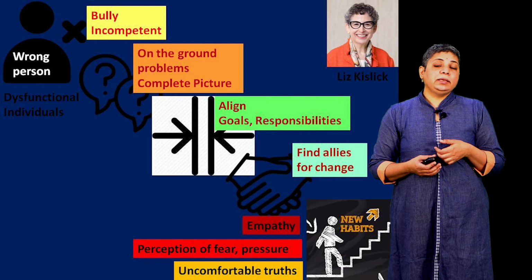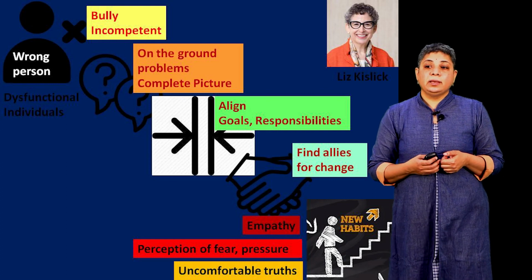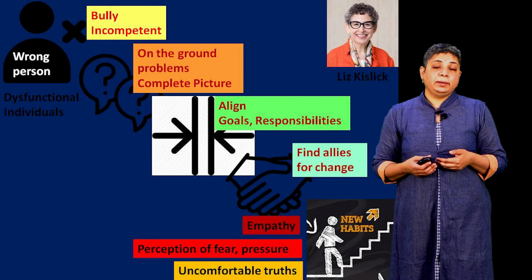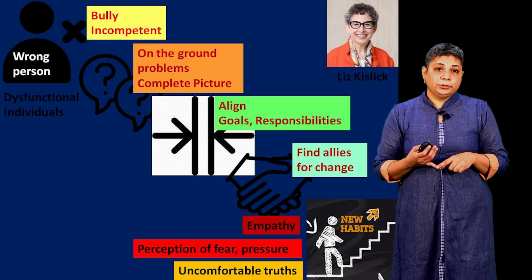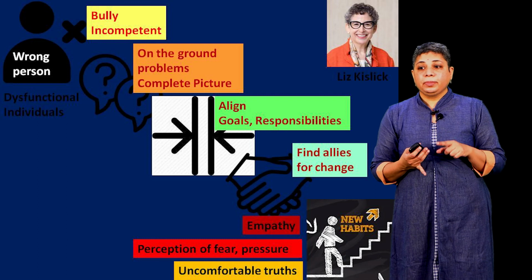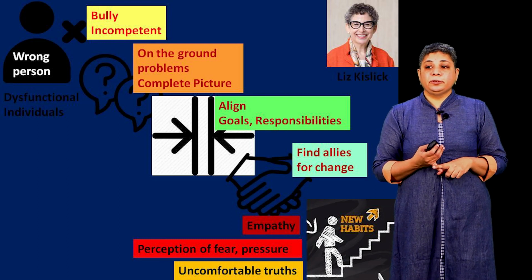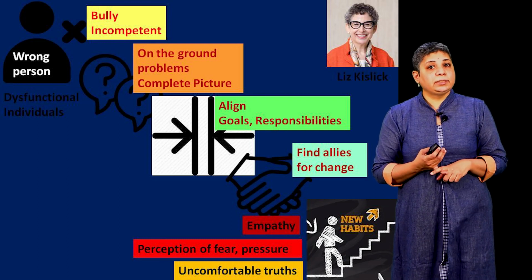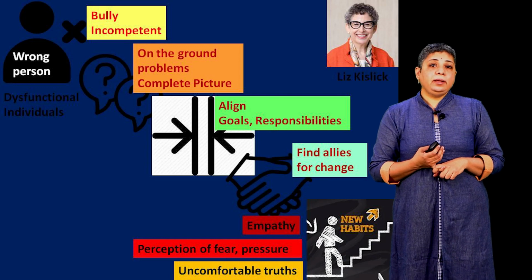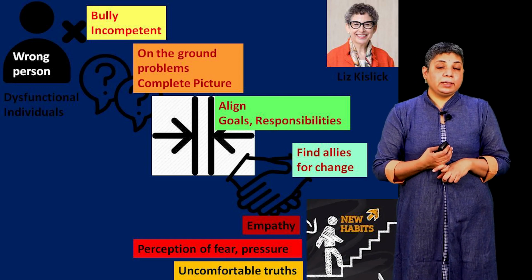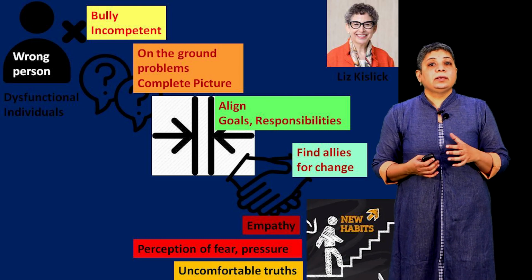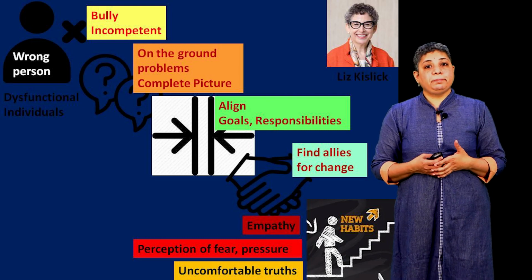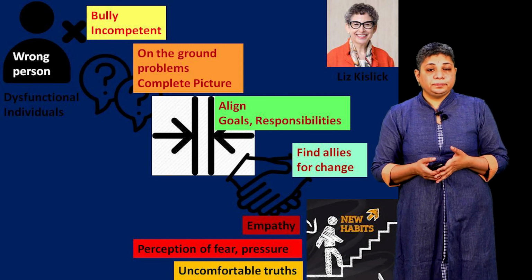And the last is to inculcate new habits. This is where our communication will play a big role, to inculcate empathy, to reduce the perception of fear and pressure among team members, and to be able to speak out uncomfortable truths. So she gives a 5-step process for conflict resolution.